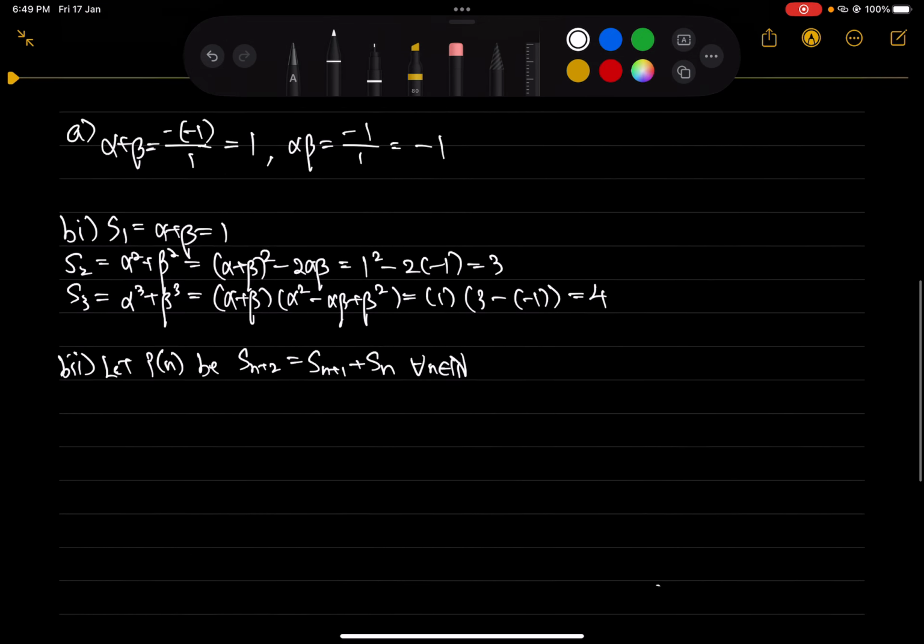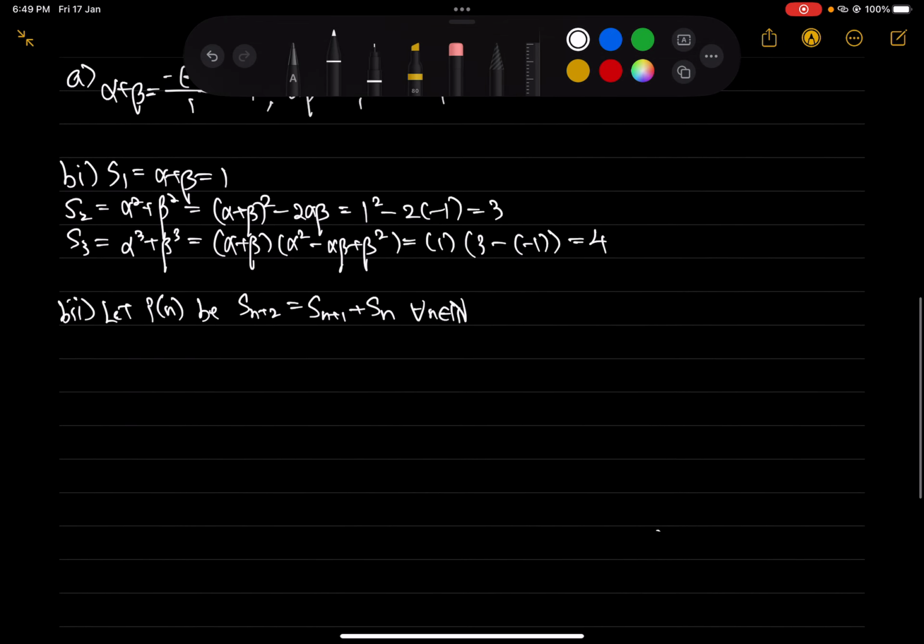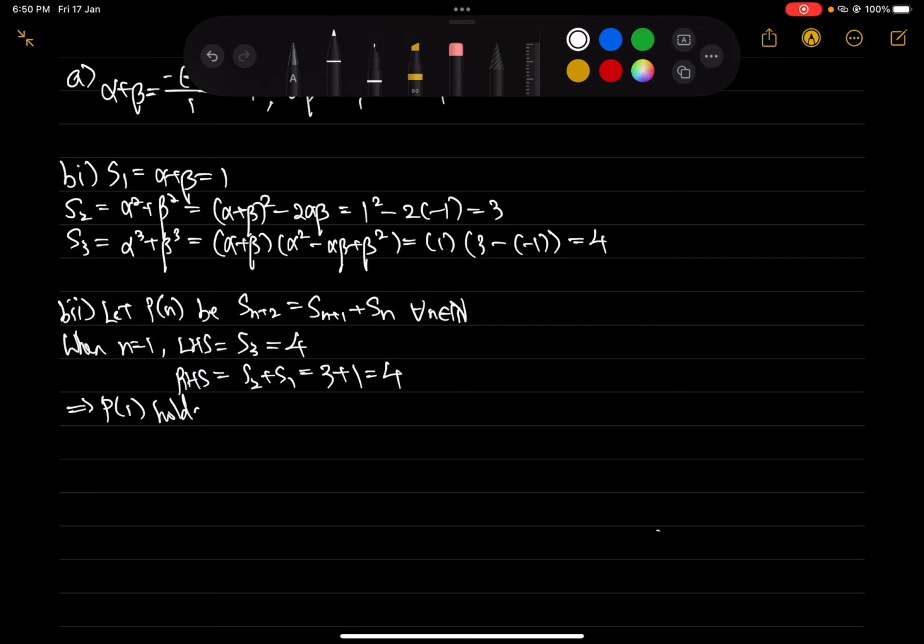Here we already have P1 proved, in fact. So when n equals 1, we have left hand side as S3, which is 4. Right hand side is S2 plus S1, which is 3 plus 1, which is 4, which implies P1 holds.